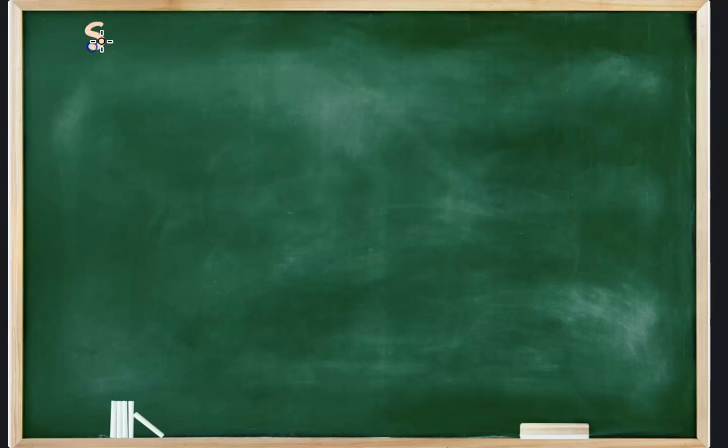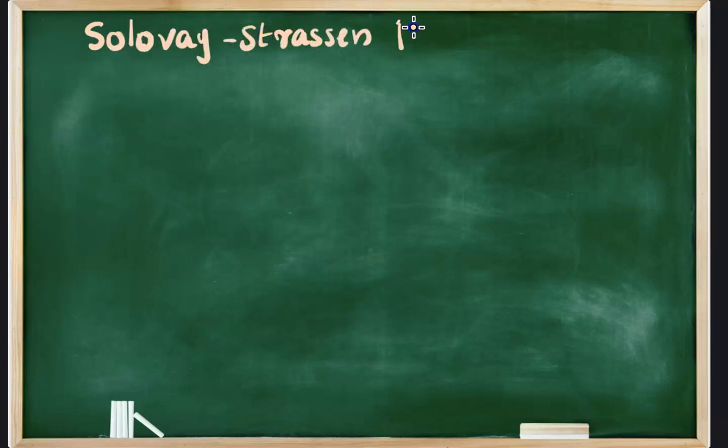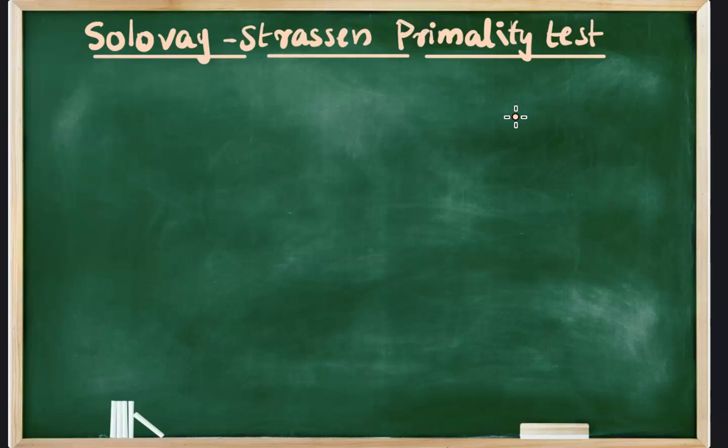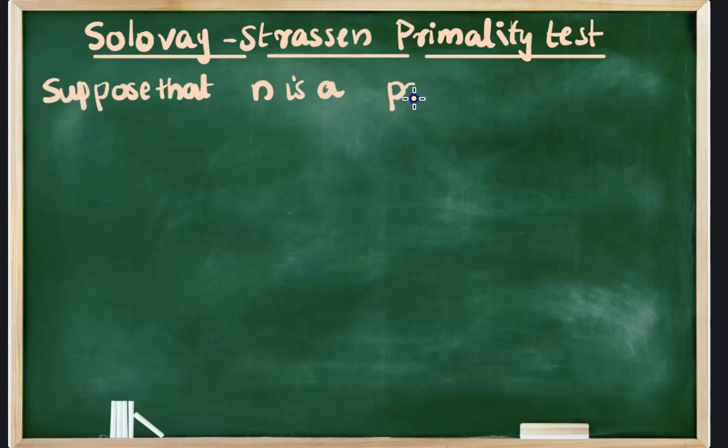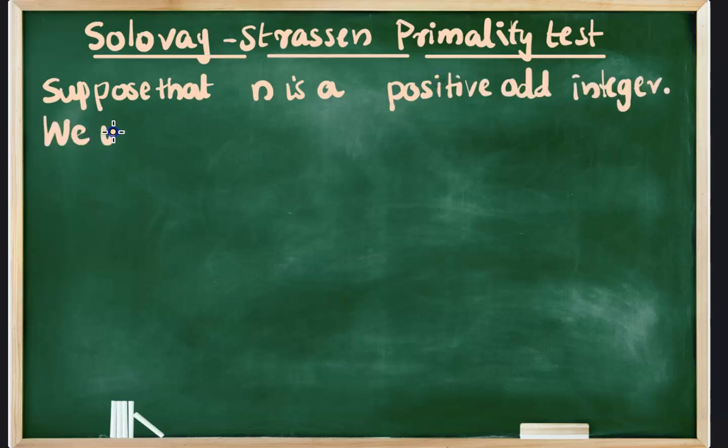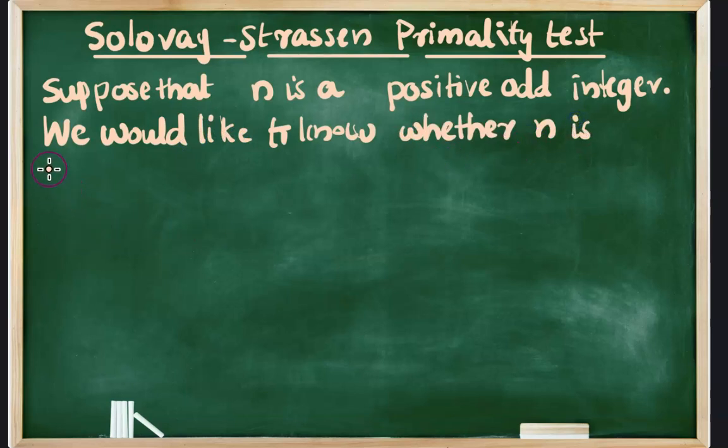Now let us describe the Solovay-Strassen primality test. As the name suggests, this is a test for checking whether a given positive odd integer is prime or composite. Let us suppose that n is a positive odd integer and that we would like to know whether n is prime or composite.